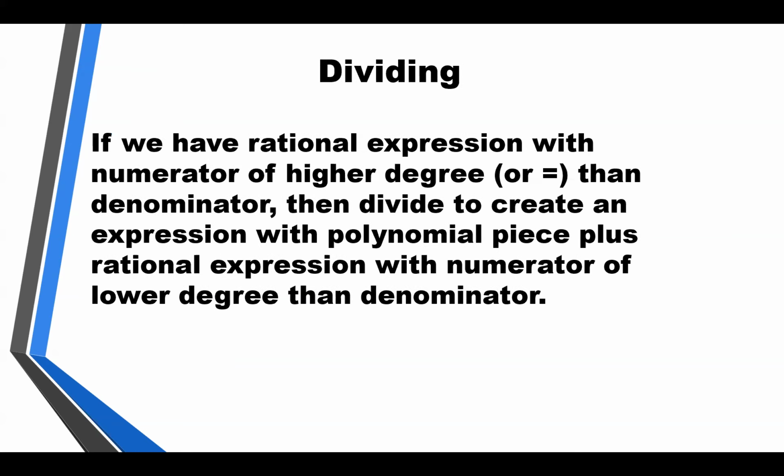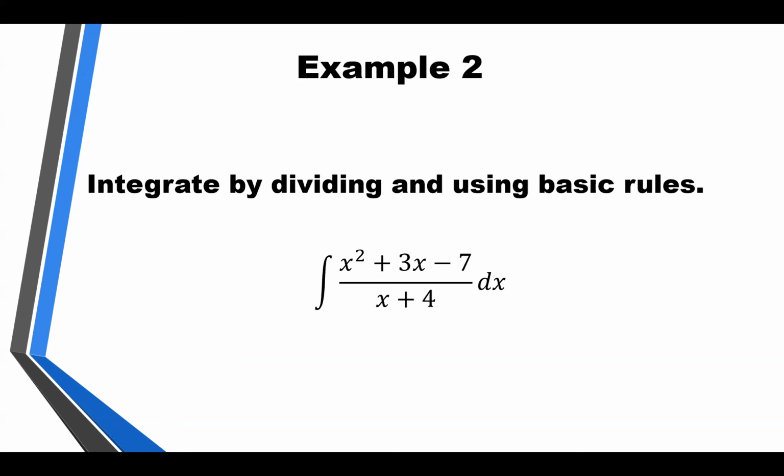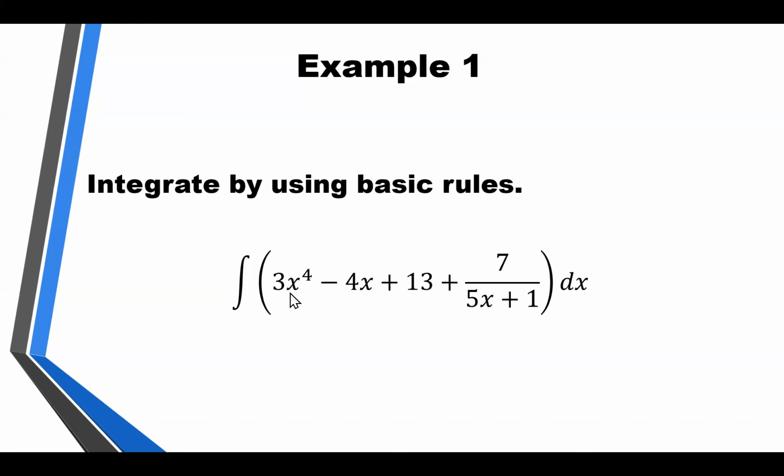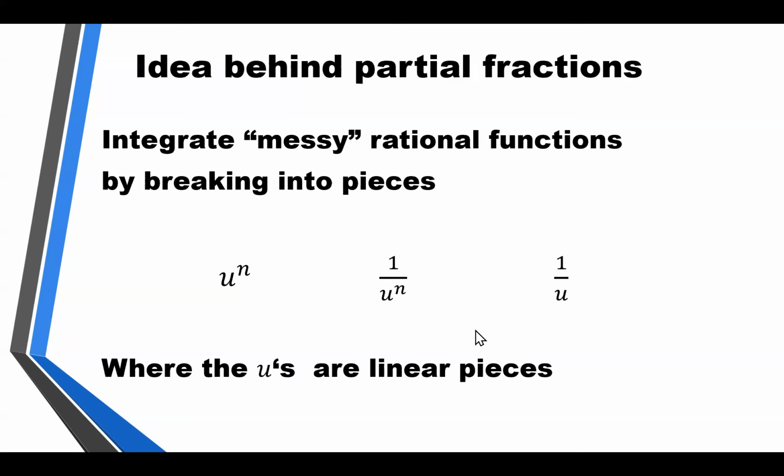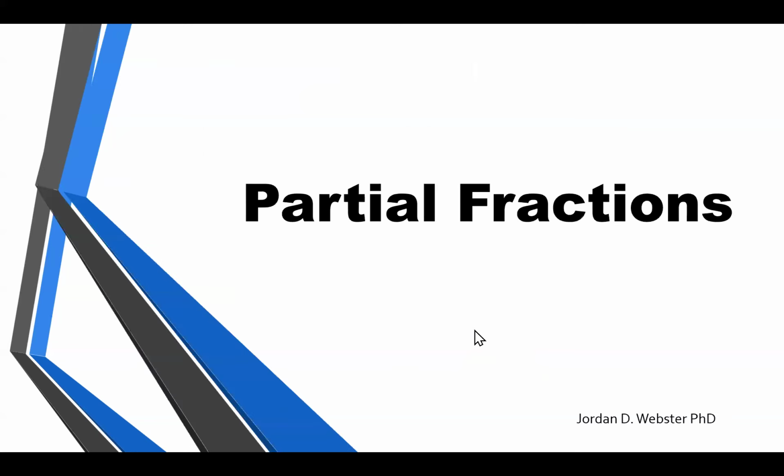And like I said, don't forget, from example 3 and beyond, we always started with the denominator of higher degree than our numerator. The reason we did that is because if we ever start with a higher or equal degree in our numerator, then we can divide and get a polynomial piece plus a rational piece. And the rational piece is what I'd have to use my partial fractions technique on. So that's the idea of partial fractions. And that ends this section.